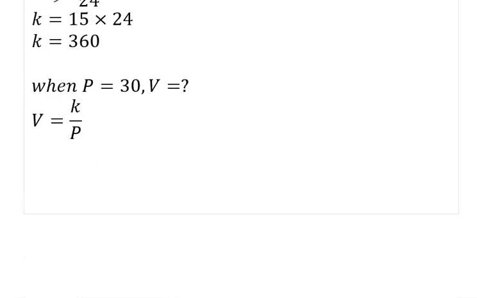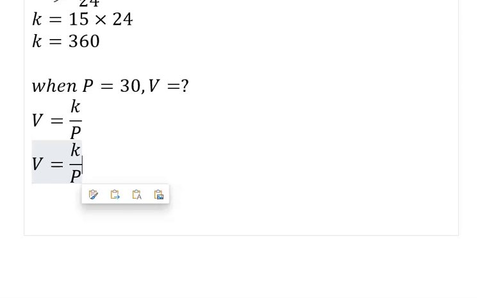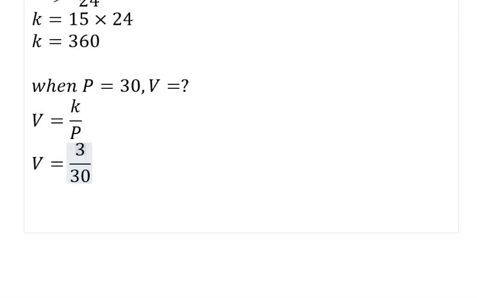Awesome. Our P has been given as what? 30. Our K, we know our K already to be what? 360. Awesome. So having done that, our V can now be what? If you bring out your calculator and punch 360 divided by 30, you have 12. That's the volume.